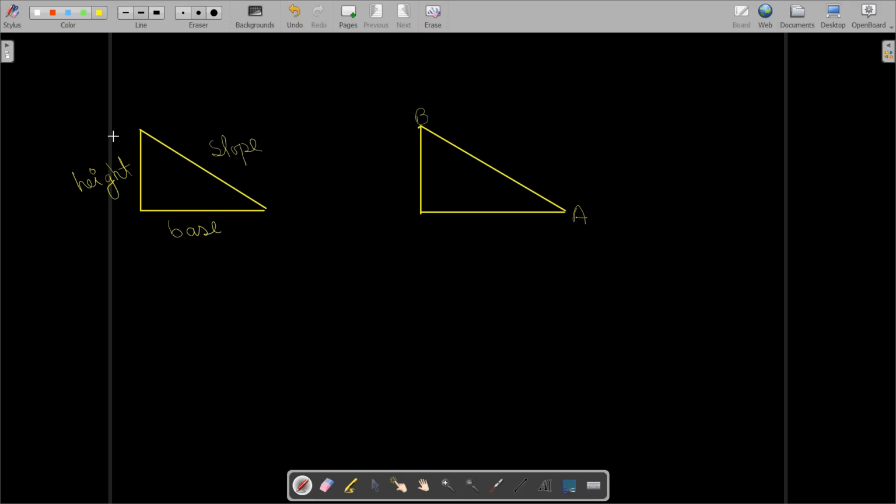I will draw a curve in figure 2 and take a point C on this curve. This is height and base of figure 2. For figure 1, height is half of the base, so slope would be 1 by 2.